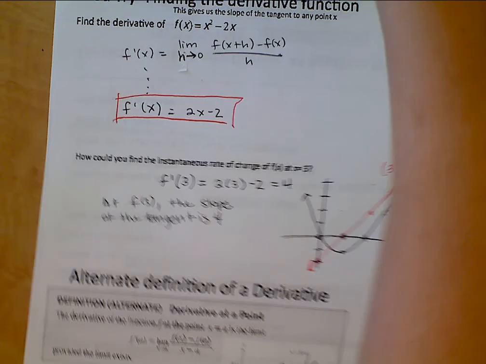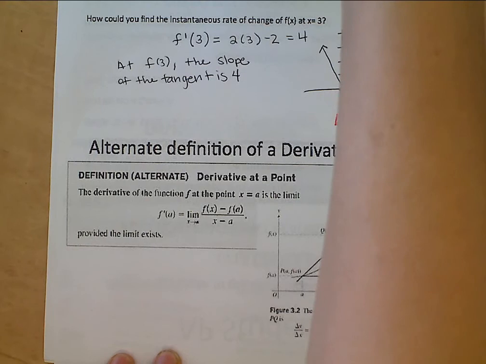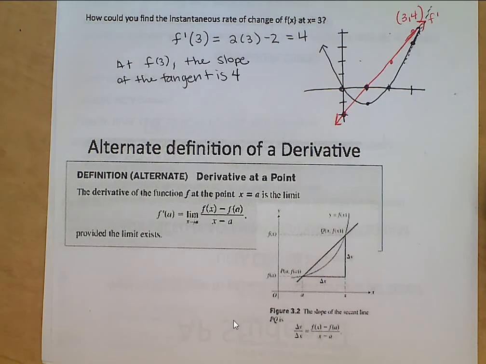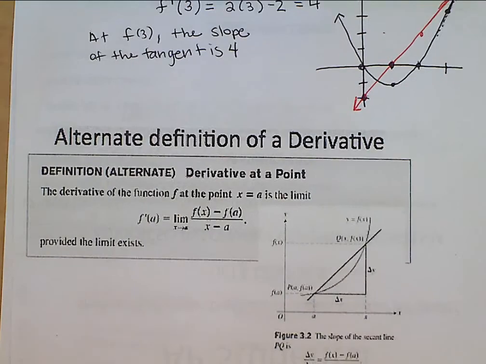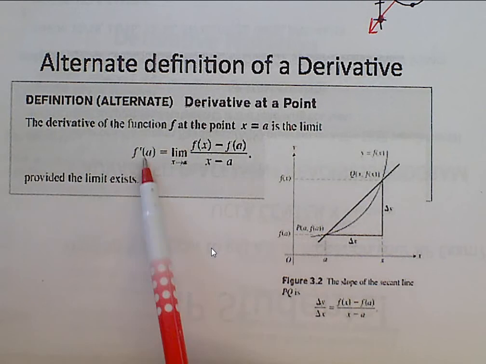Down here, this is the alternative definition of the derivative. It means the same thing, so it's not like we're saying that the derivative means something else. Essentially, there's just another equation that you could use if you want to. This equation honestly makes a lot more sense to me, because it looks a lot like the slope of the secant.